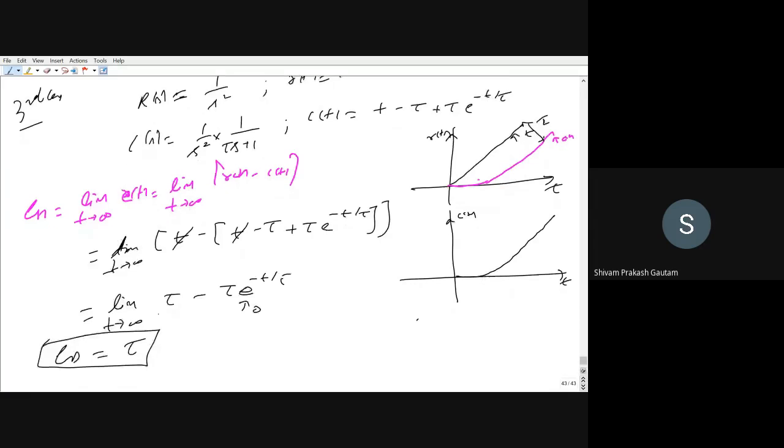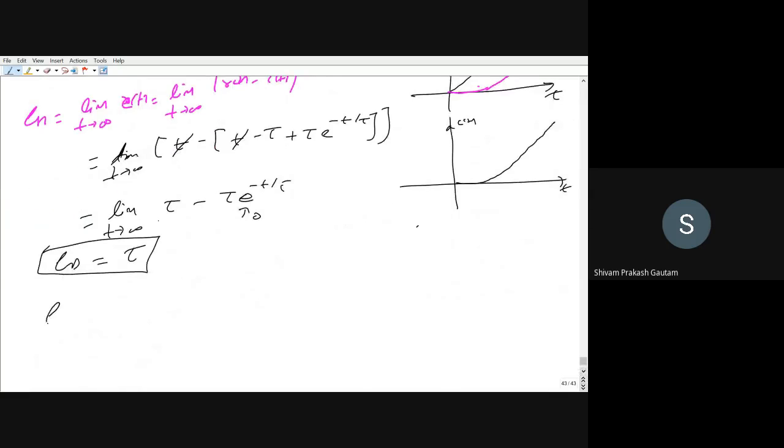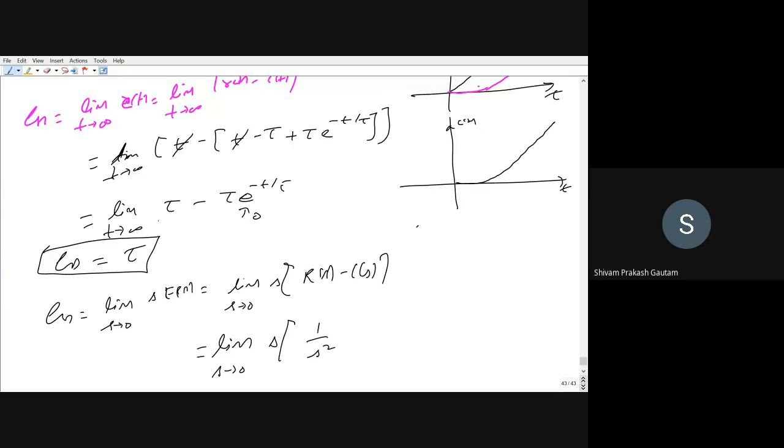We can also calculate the error from the final value theorem. Let me calculate that also. The limit as s tends to 0 of s E(s), that is R(s) minus C(s). This will be the limit as s tends to 0 of s times R(s), which is 1 by s square, minus C(s), which is 1 by s square multiplied by 1 upon tau s plus 1.